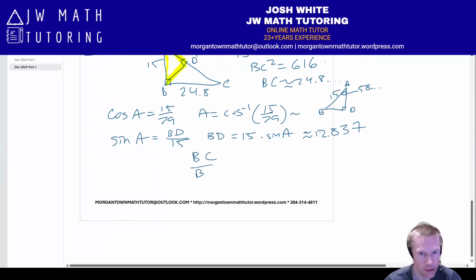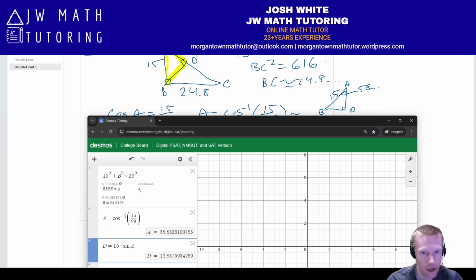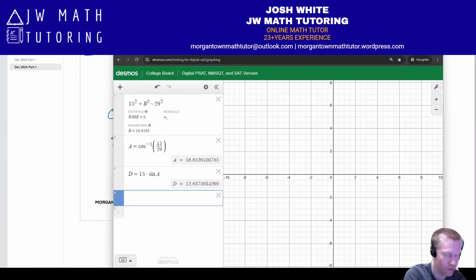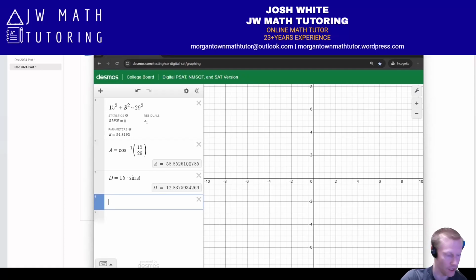So BC to BD, okay, is 24.8 over 12.837, except I'm going to do them in Desmos, of course, because I want the exact values. I don't just want estimates. So remember up here, I defined B as BC, which is the top of my ratio, the 24.83.